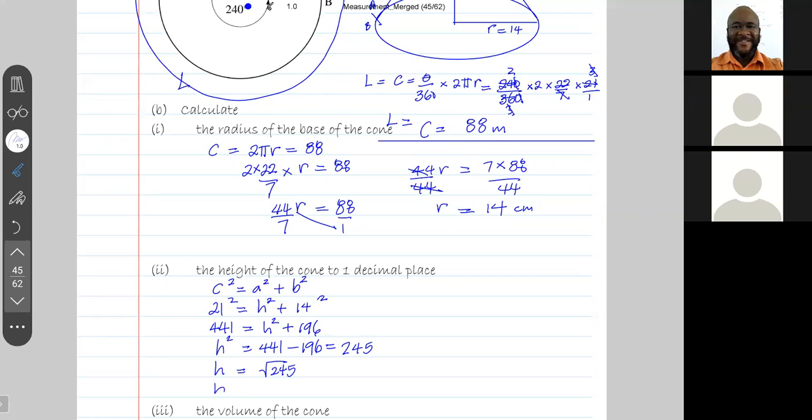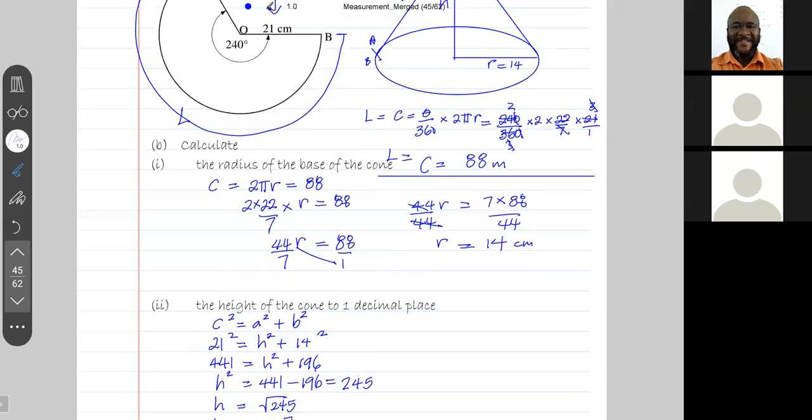H is 15.7 centimeters. The height of the cone is 15.7 centimeters.